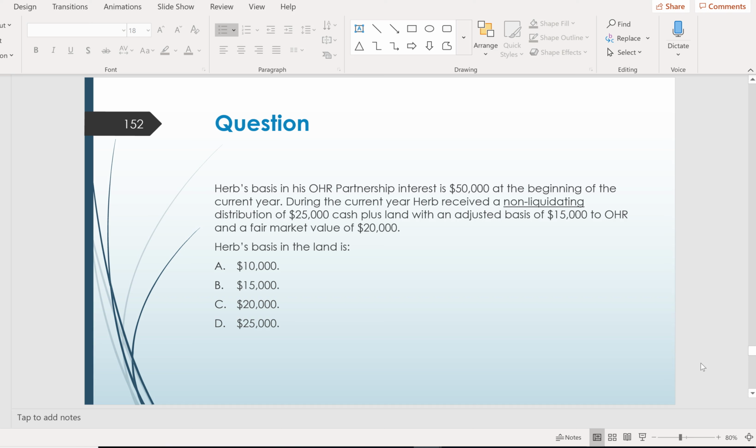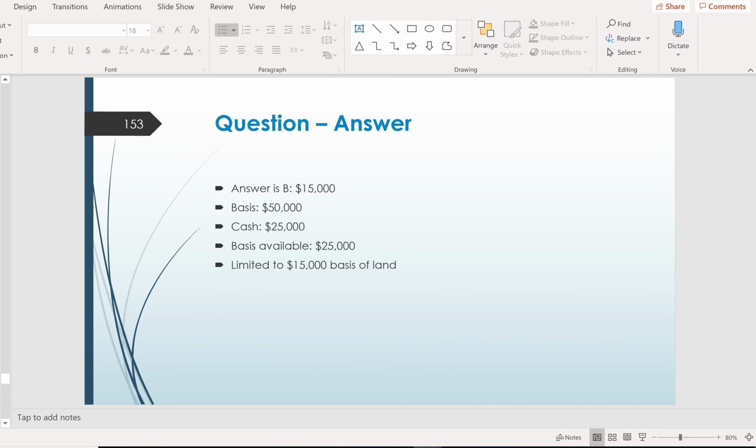So now you're going to take the 15,000 for the land and subtract that from the 25,000 basis, and Herb will still have a remaining basis in the partnership of 10,000. But don't choose A, because they're not asking you for Herb's remaining basis in the partnership. They're asking you for Herb's basis in the land, and it would be 15,000 because assets come out of a partnership at basis. So the answer is B.